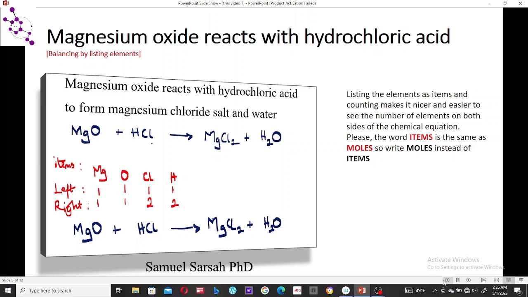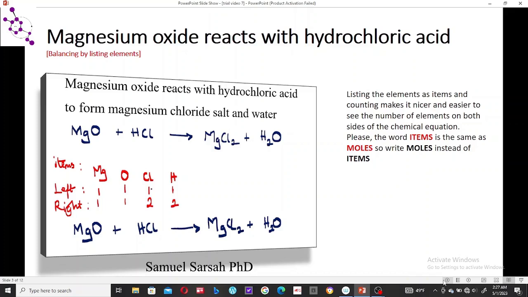And when it comes to the chlorine, we have one chlorine on the left side, we have two chlorines on the right side, so that makes the whole equation unbalanced. If you check the hydrogens, we have one hydrogen on the left side, we have two on the right side, so this is not balanced. So let's balance it.